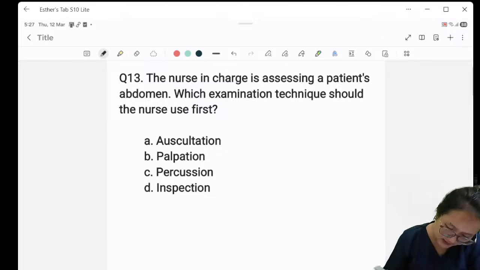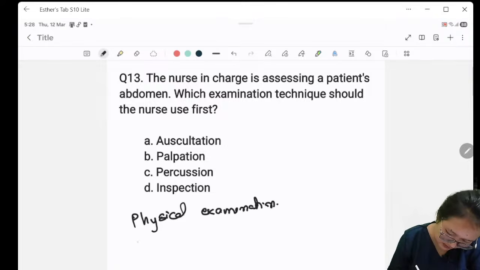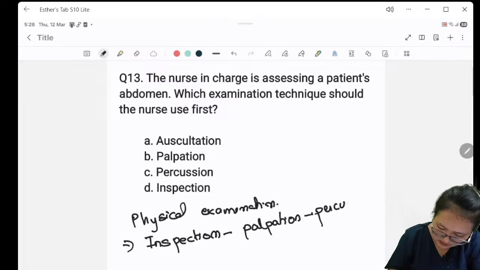We have learned that in physical examination, it's always inspection, then palpation, percussion, and then auscultation.